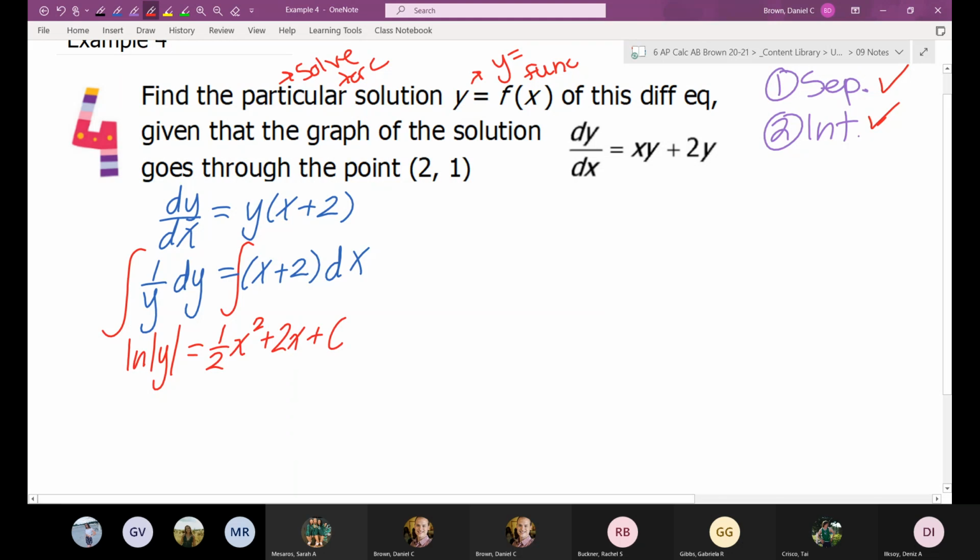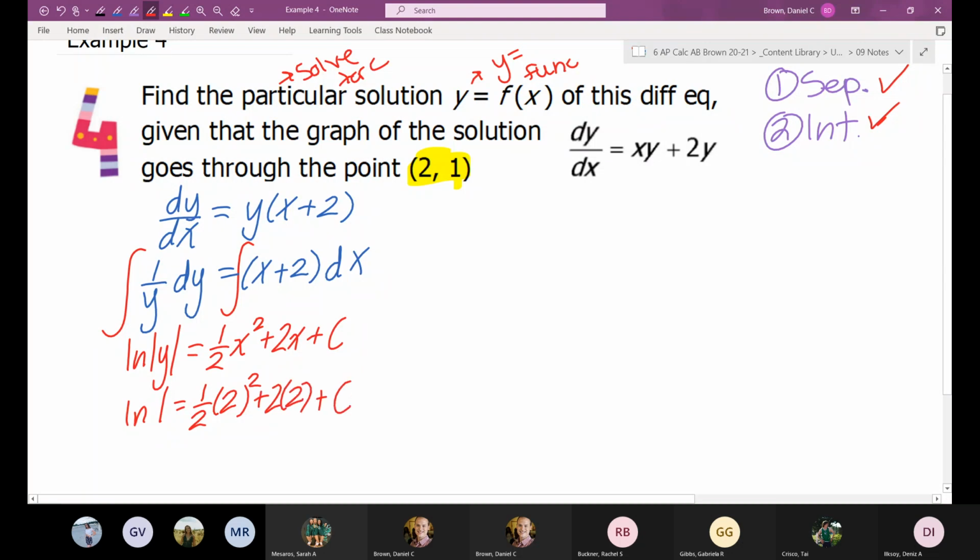And then two options. You could solve for y now. Me personally, I like plugging in the initial condition first before solving for y. I just find it normally has fewer algebraic steps if you do it that way. So if the point is 2, 1, then plugging that in, I have the natural log of 1 is equal to 1/2 of 2 squared plus 2 times 2 plus c.